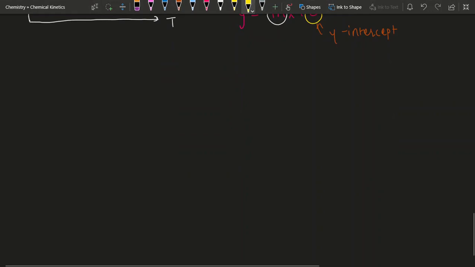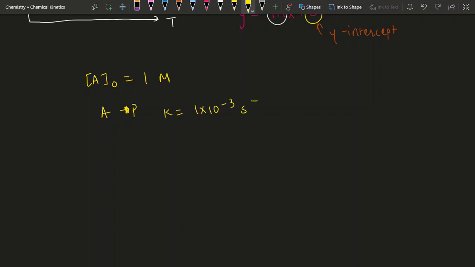So if you started out with A naught equal to 1 molar, and A goes to some products, and you need to figure out in how much time all of A is used up, given the rate constant is, let's say, 1 times 10 to the power negative 3, oh sorry, this here would be moles per liter second, since that's the unit for the zero order reaction.